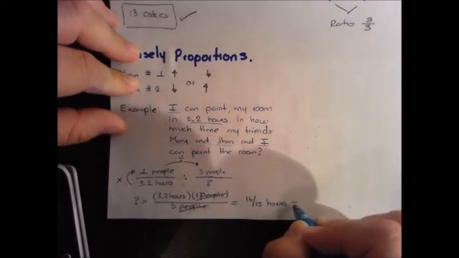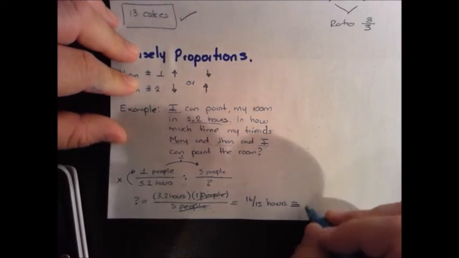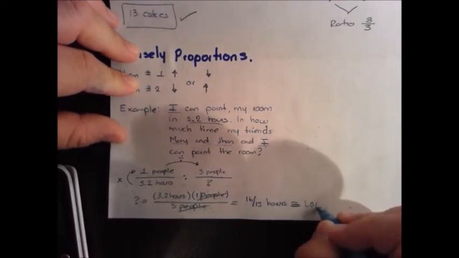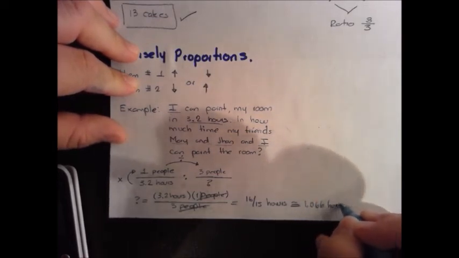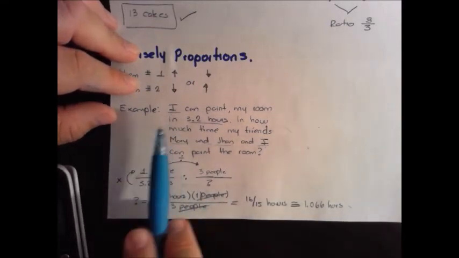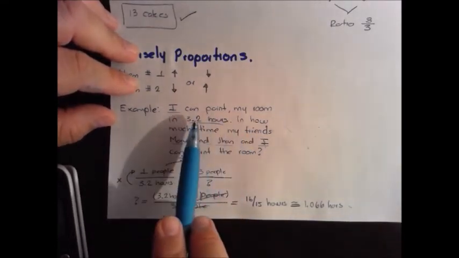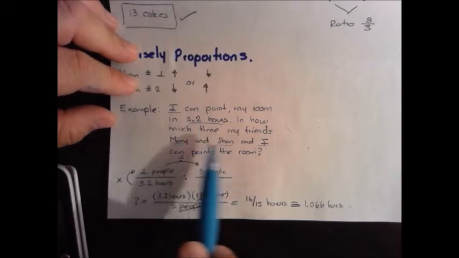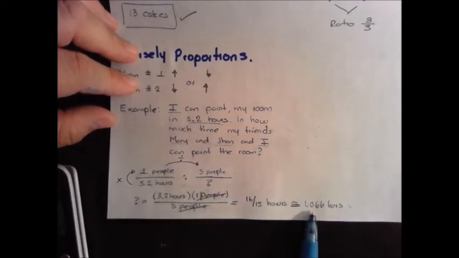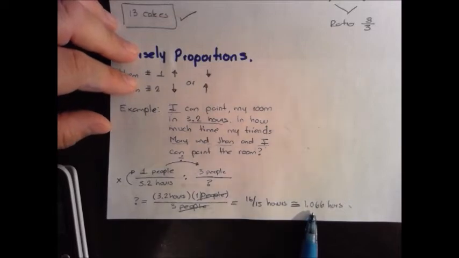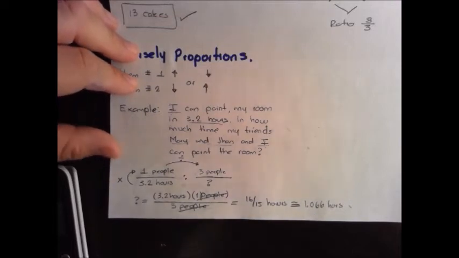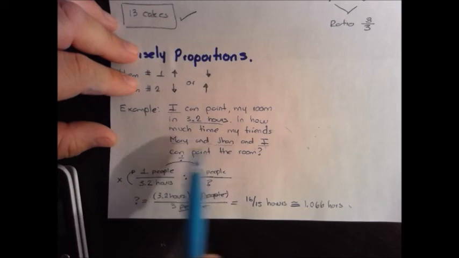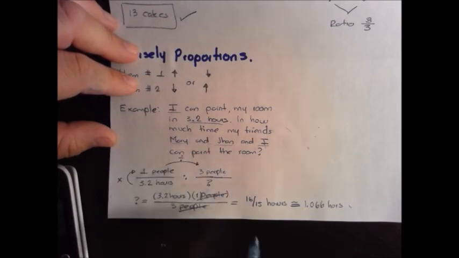That is approximately equal to 1.066 hours. Look at this. I paint all the room in 3.2 hours, but with the help of Mary and John, we are going to make it in only 1.06 hours. So the question is how much time?